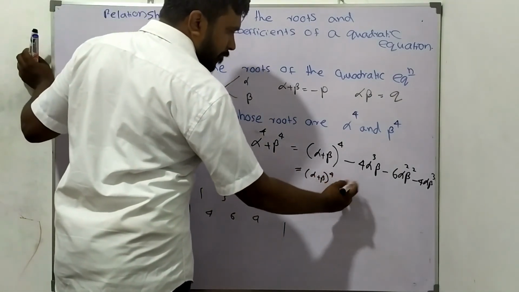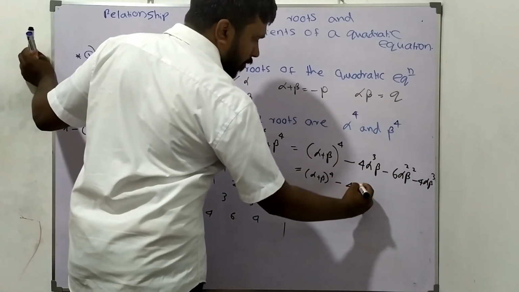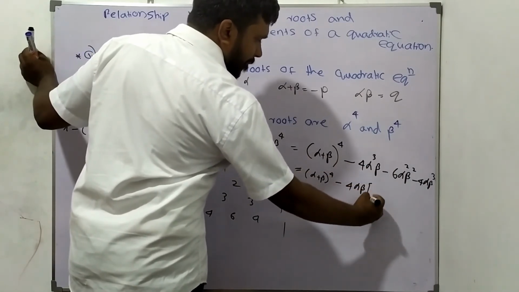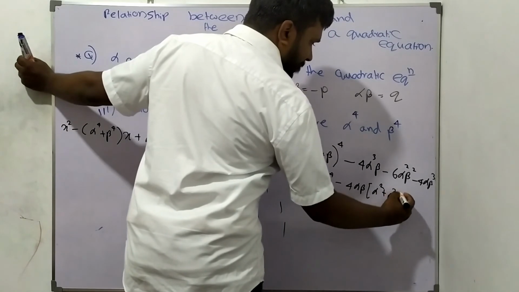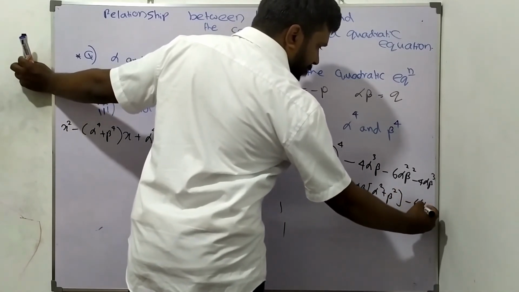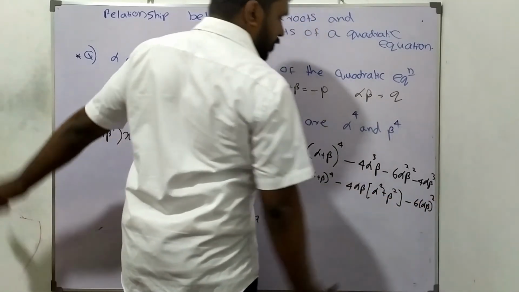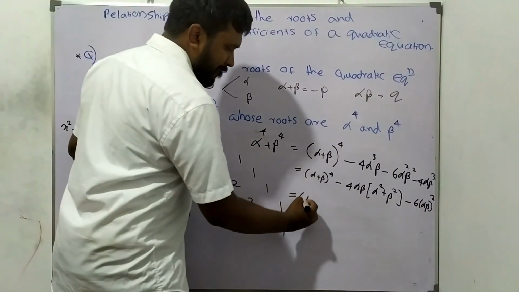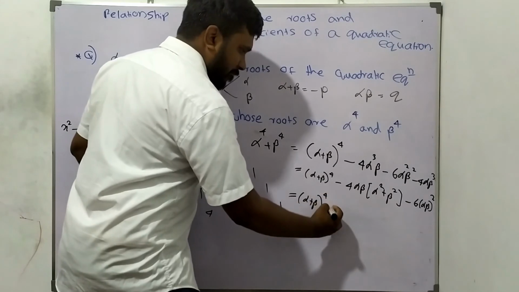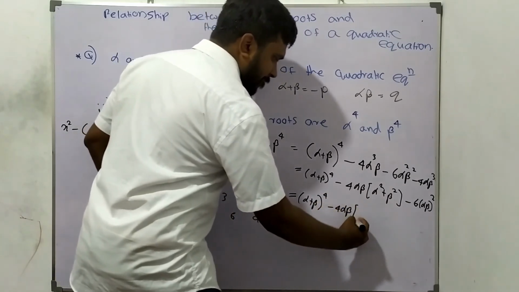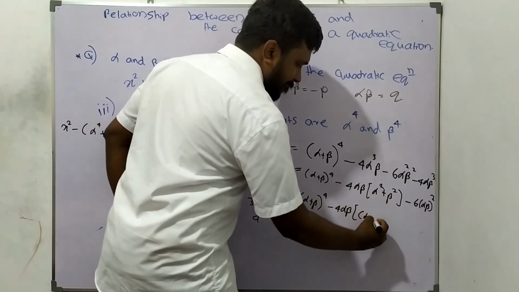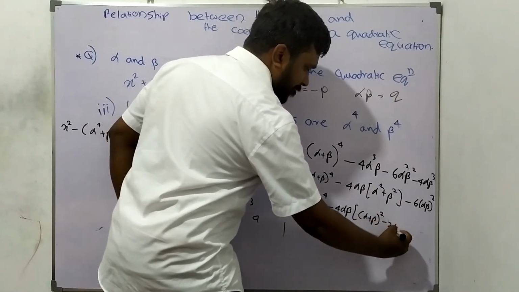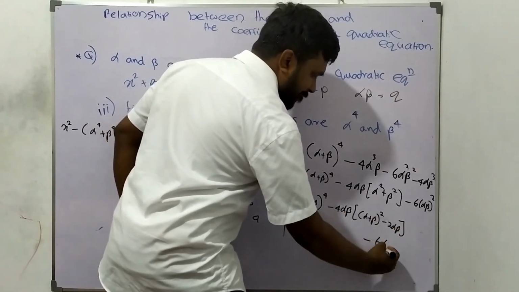This is alpha plus beta to the power 4. You can pull out minus 4 alpha beta, and it's alpha squared plus beta squared inside the bracket, minus 6 alpha beta whole thing squared. This is minus p whole thing to the power 4. And alpha squared plus beta squared means alpha plus beta whole thing squared minus 2 alpha beta.